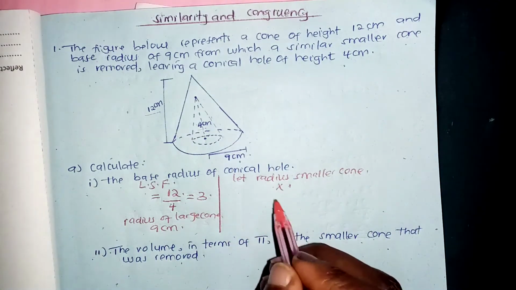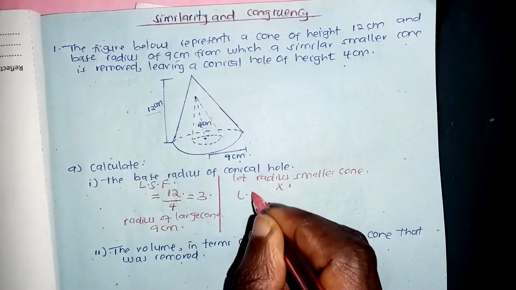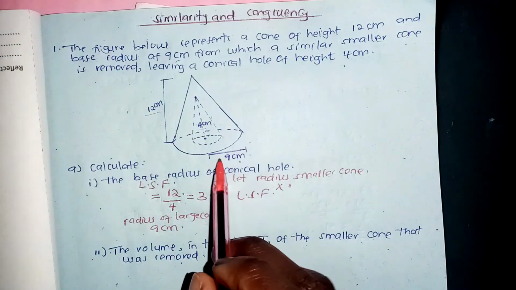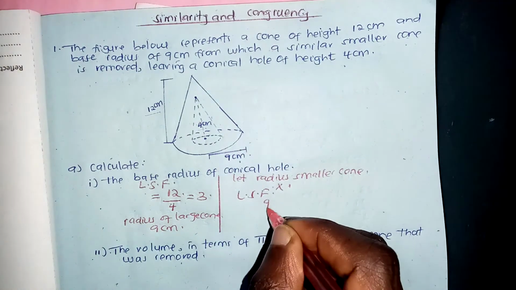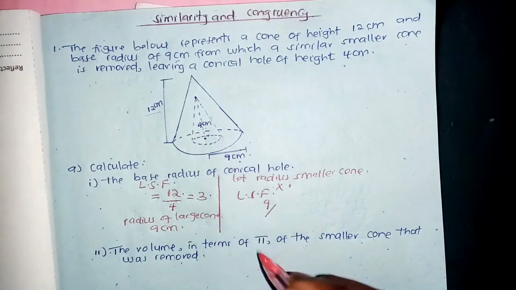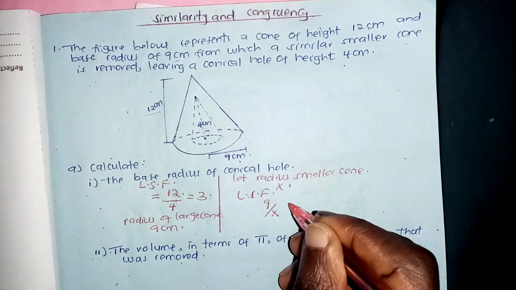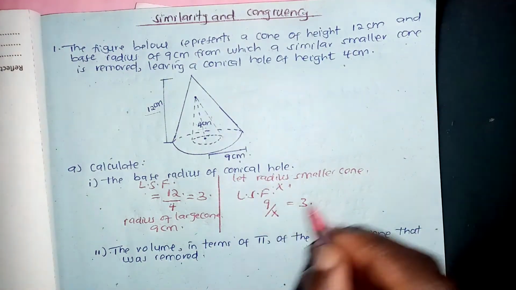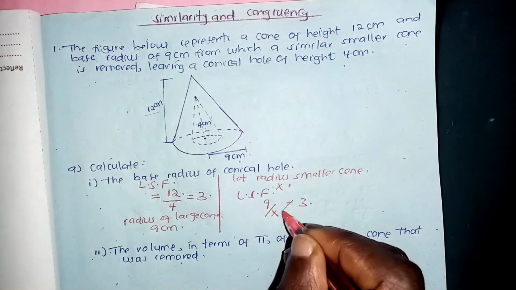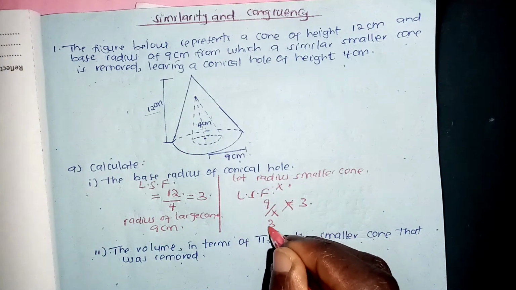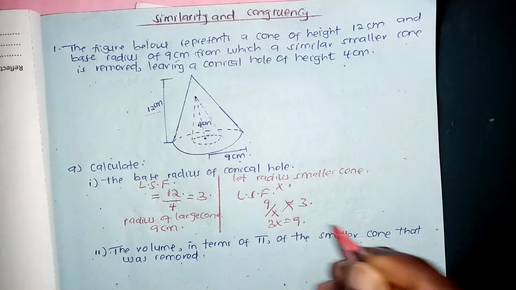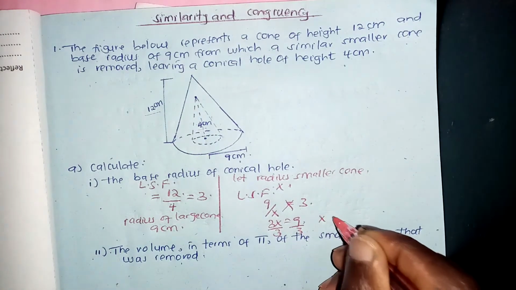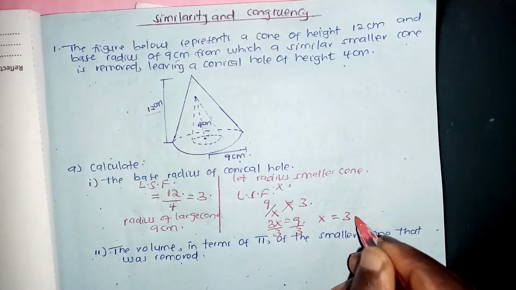Using the linear scale factor, we get the radius of the larger cone, which is 9, divided by the radius of the smaller cone, which is x, equals 3. So we can find x. We can cross multiply. Thus 3x equals 9. Then divide by 3. Our x is 3.